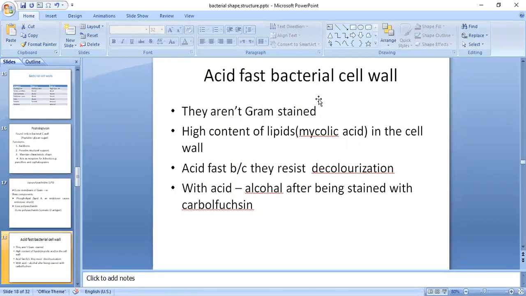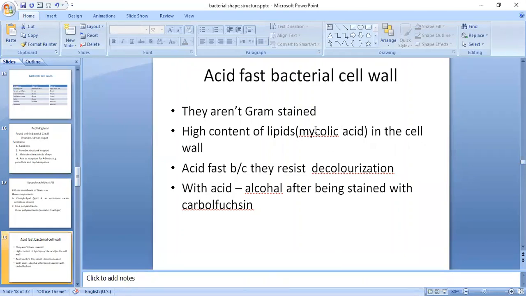Why are they not stained by the gram staining? Because their cell wall is different from both gram-positive and gram-negative, and their cell wall contains a high content of lipid, and this high content of lipid contains a fatty acid which is known as mycolic acid.